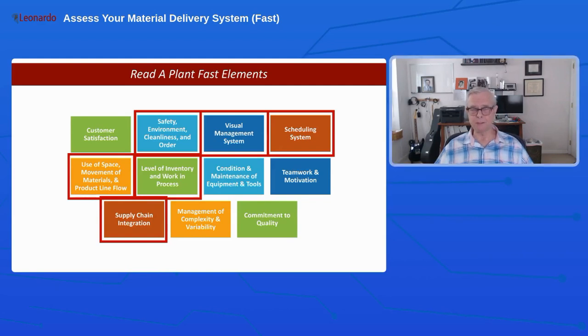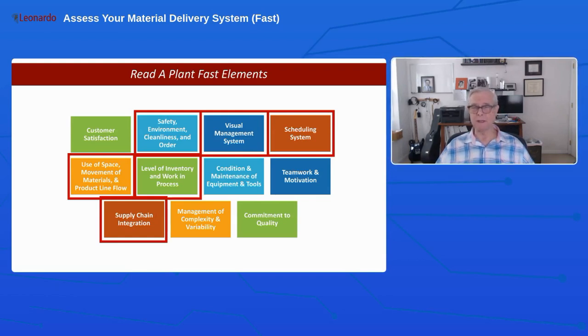Then we have visual management system. So identifying aisles, racks, bins, cards, other visual signals. We want to take a look at that. Scheduling is clearly important when it comes to materials, scheduling and planning. And then we have use of space, movement of materials, and product line flow. So we're talking here about material delivery systems, clearly important.